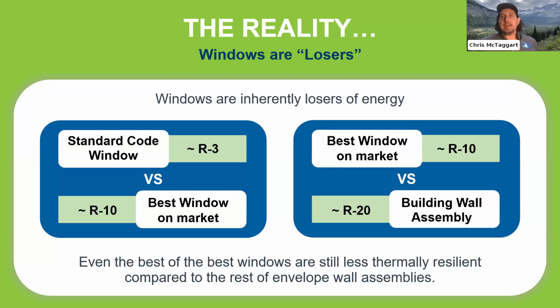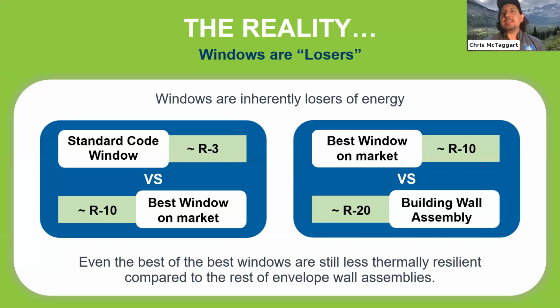Wow, we can get 3 times better essentially than a standard code window. That's awesome. But if we compare that to our R20 walls that we might have prescriptively, all of a sudden, a standard wall is 2 times as thermally resilient as the best possible window that you can get. So I say all this to draw the fact that in general, windows are losers.